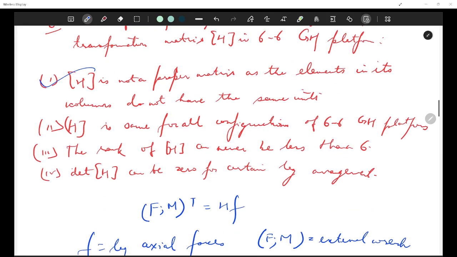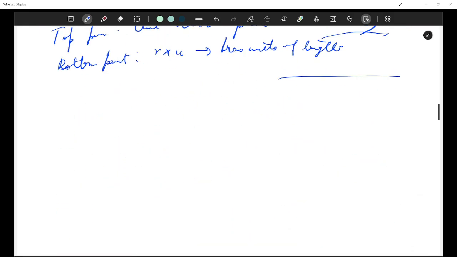That's the reason. The second thing is H is the same for all configurations of Gauss-Stewart platforms. This is absolutely false. Why? Because H depends on leg directions, platform orientation, and joint positions.